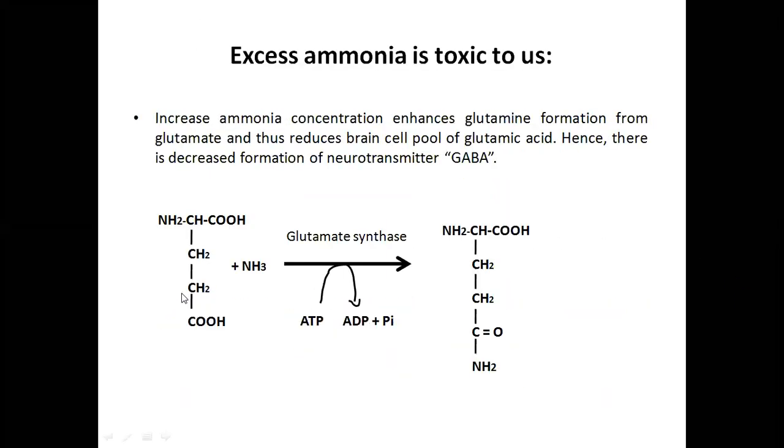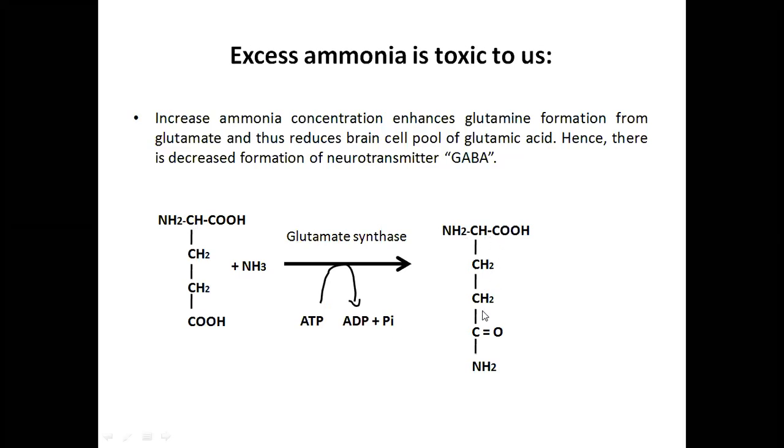So this is actually deamidation. Here you can see this is one amino acid. What is the name of this amino acid? Glutamic acid. And here there is an ammonia. Okay, and this will produce glutamine.